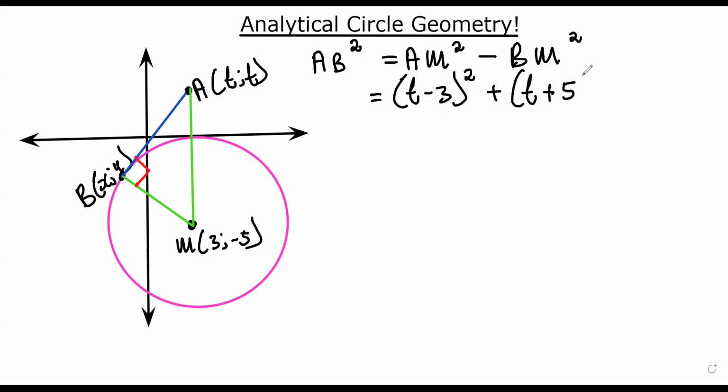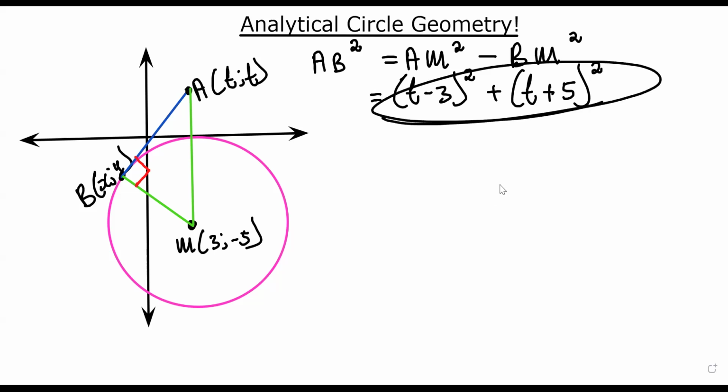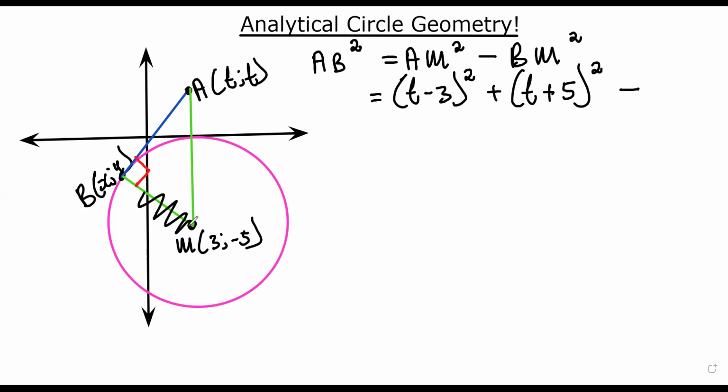But of course, we can just write this as plus 5. So this is AM squared. Then since we know that BM is the radius, which is 5, it means the square of the radius is 25.